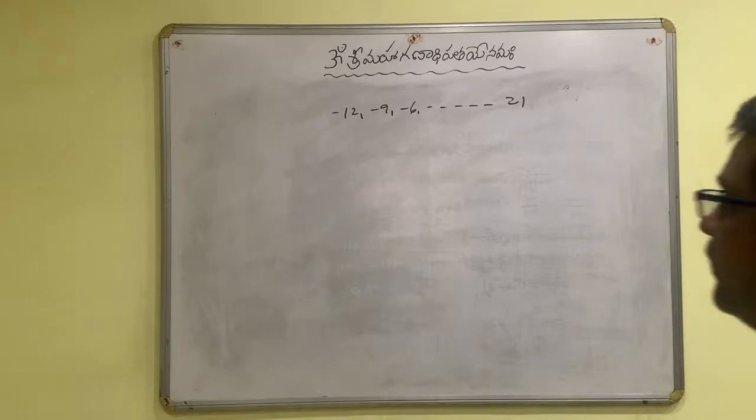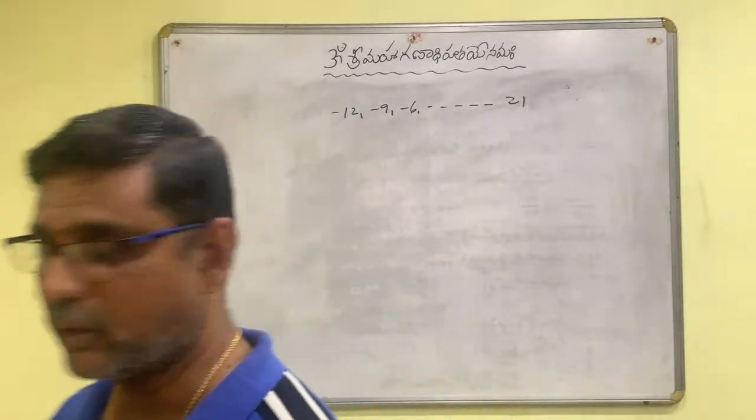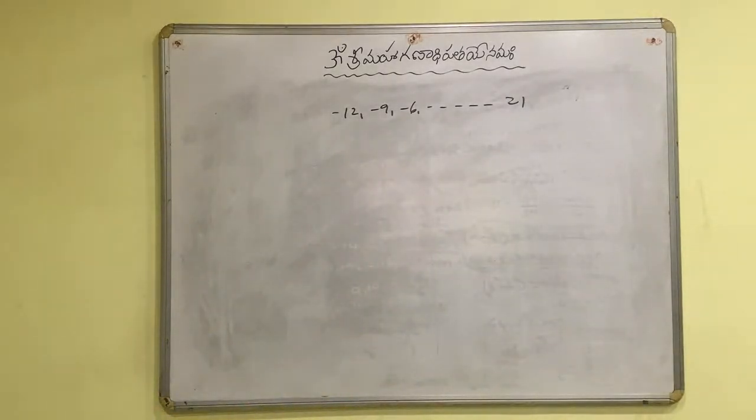AN is 21. So N is 20. Now add 1 to each and every term.